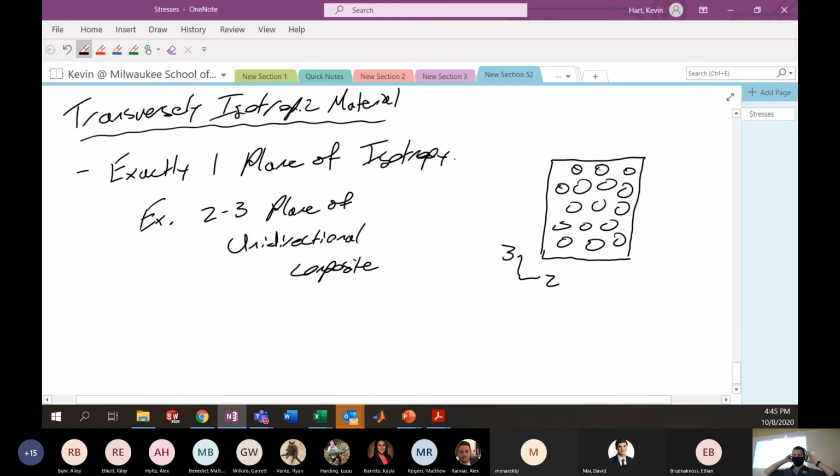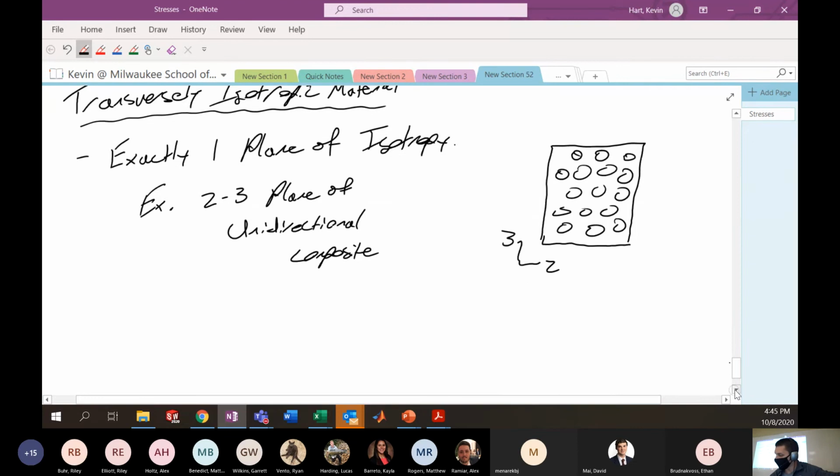So the idea here is that no matter how we rotated this particular cross section, loaded it in any particular direction, you would have the same sort of behavior.